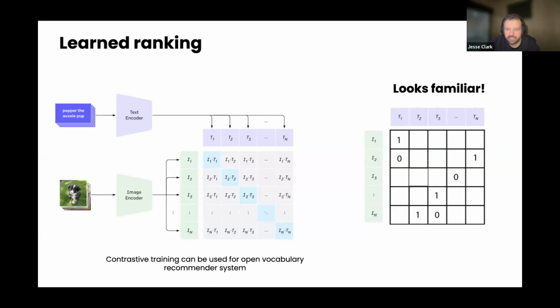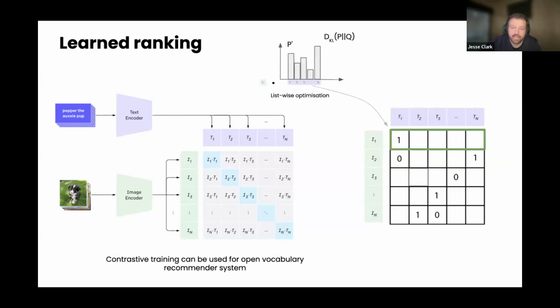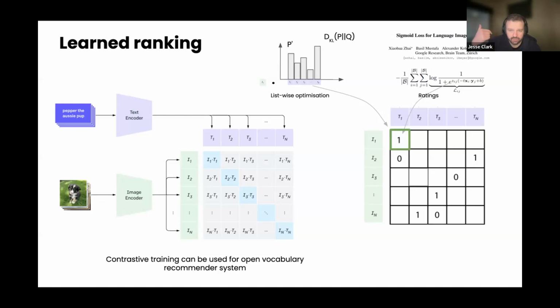And so we can start to think about this as a recommender system problem as well. What we can do is not only what we did with learning the diagonal, we can incorporate list-wise optimizations. If we've got a ground truth ranking, we can start to learn that as part of this training. If we've got ratings, so we don't even need just a relationship, we can have a magnitude, a rating, we can also incorporate that. And so here we're able to not just have relationships, we can have rankings and we can have ratings as well, all part of our representation learning.